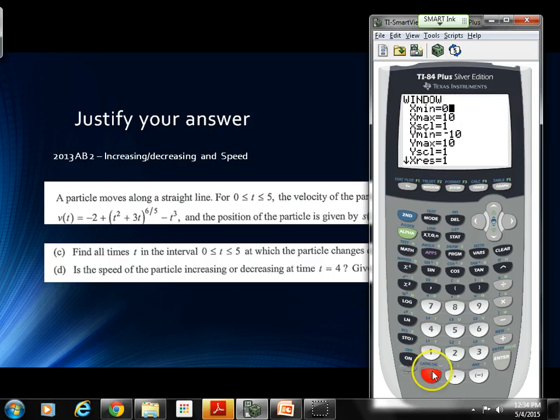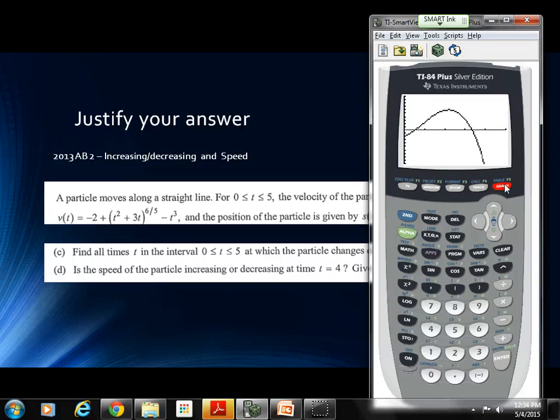We could use our window and look at a graph of velocity, or position prime, looking at where it changes sign. It's going to change sign going from negative to positive to negative, right? How could I find those two? Easy, zeros, right?